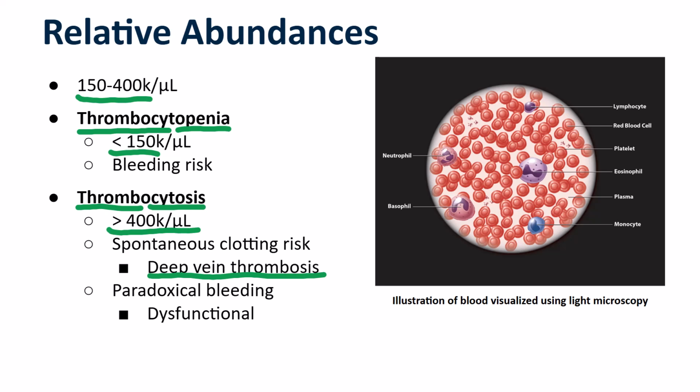which are life-threatening. The other possibility with thrombocytosis, and this is rather interesting, is something called paradoxical bleeding. With paradoxical bleeding, the clotting pathway becomes dysfunctional.